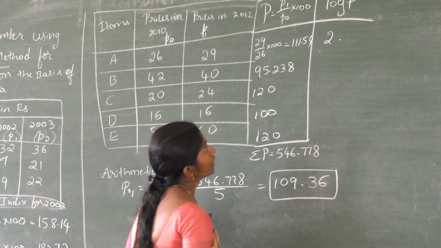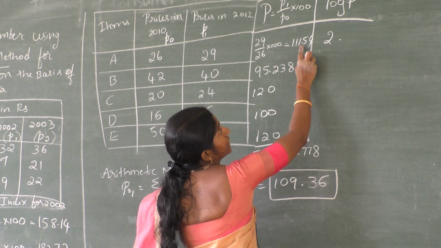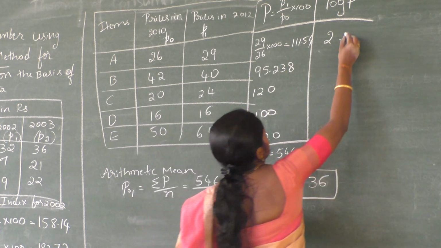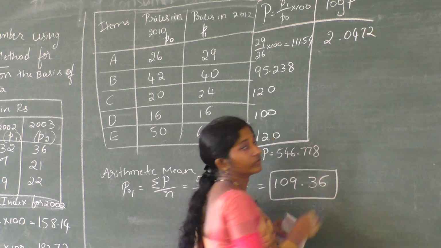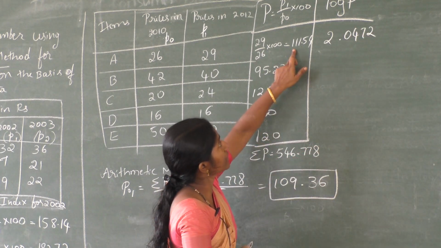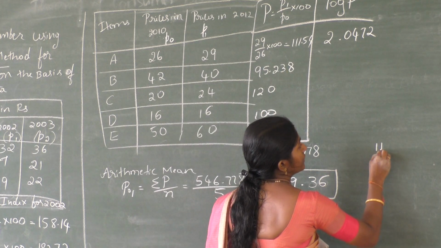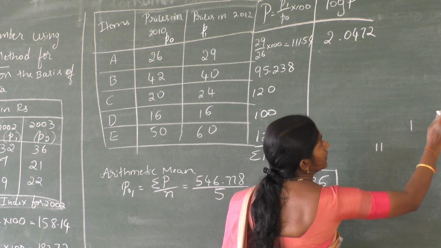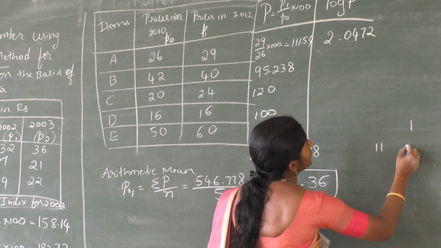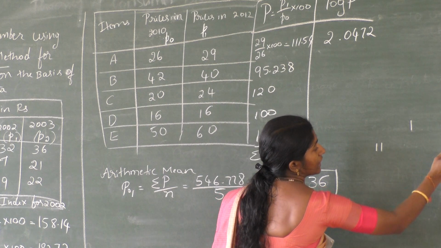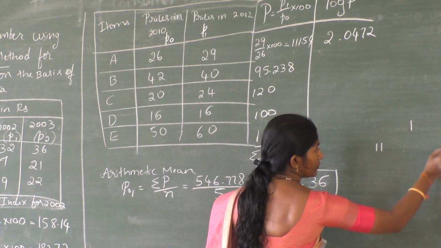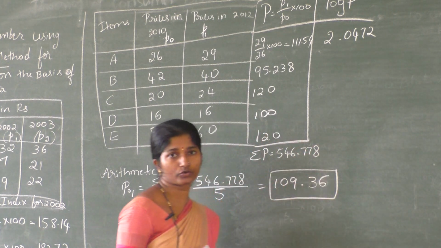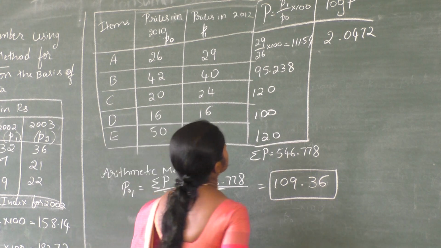Mantissa you have to see in the log table: 11, in that column 1, again mean difference 5. You have to add both these values. That time you will get 0472. Answer 0472.